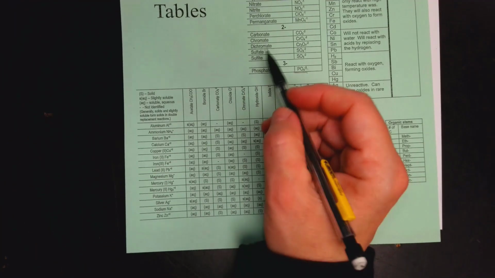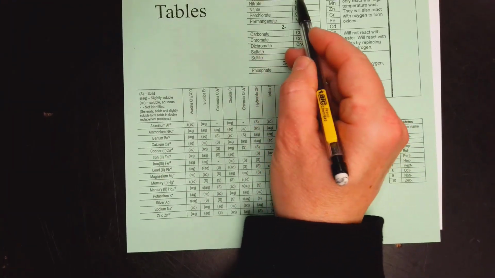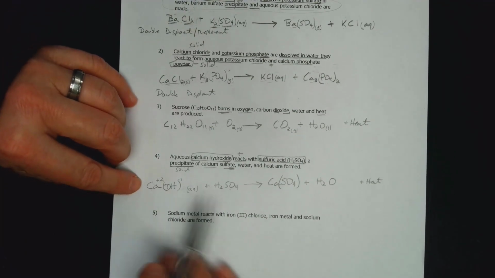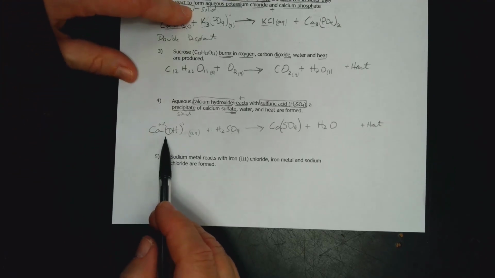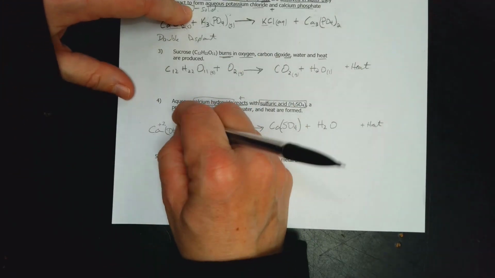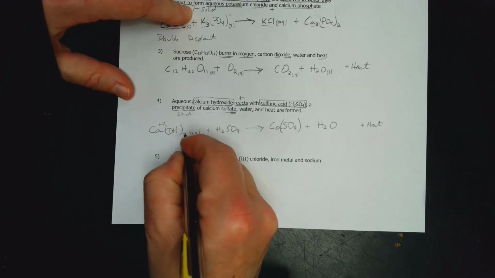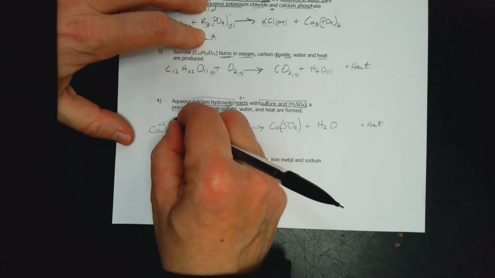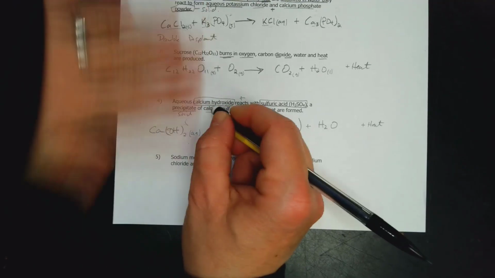Hydroxide, according to this, there it is, is a -1. So what I notice right away is that right now this ionic compound is not electrically neutral, which means I'm going to have to put a subscript down here so that I have 2 hydroxides, which now gives me a -2, which now causes this to be electrically neutral.